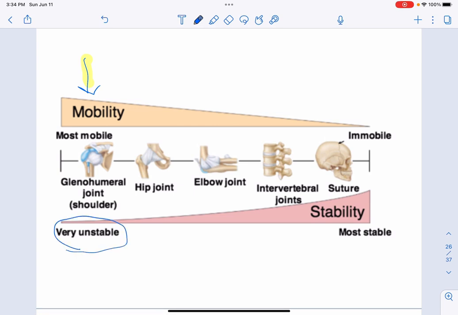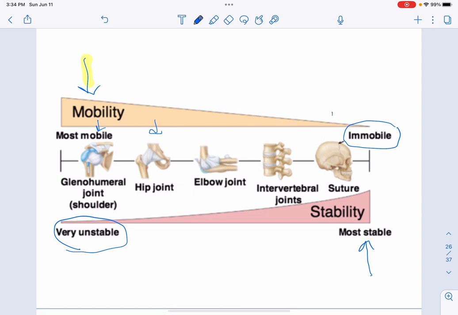And then vice versa in the contrast side of things, if you have an immobile joint, that is what is most stable. And then we have a lot of joints in between. But there's this inverse correlation between how much movement we can have. So in our shoulder and in our hip, they are going to be the least stable types of joints.